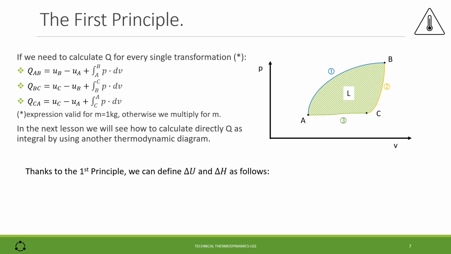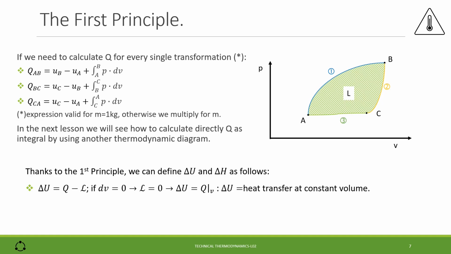Thanks to the first principle, we can define delta U and delta H as follows. Delta U equals capital Q minus thermodynamic work. If delta V is 0, then the work is 0, and delta U equals Q. Also, we can say the delta U is the heat transfer at constant volume.